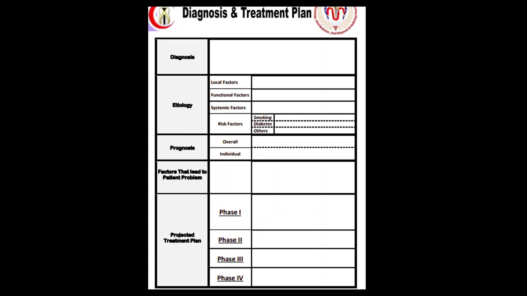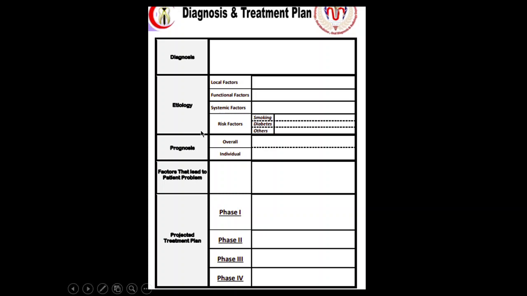The projected treatment plan includes phase 1, phase 2, phase 3, phase 4. Phase 1 includes scaling and root planing in the case of periodontitis, scaling only in the case of gingivitis, oral hygiene instructions, patient education and motivation, extraction of hopeless teeth, restoration of carious teeth, endodontic treatment, occlusal adjustment to remove the trauma from occlusion, and re-evaluation after 1 month.